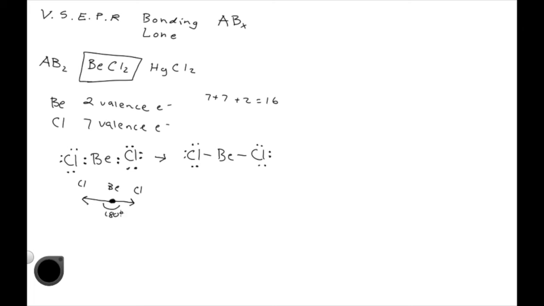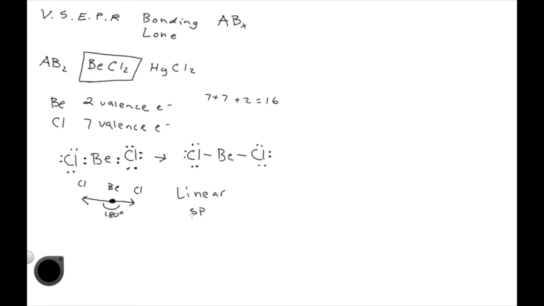This maximizes the distance between the bonding pairs between each chlorine atom and the beryllium atom. And so the molecule will assume a linear geometry because the atoms are arranged in a straight line. And atoms with a linear geometry are going to be sp hybridized.